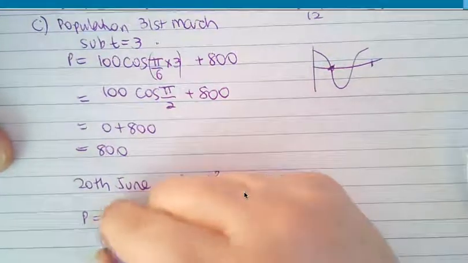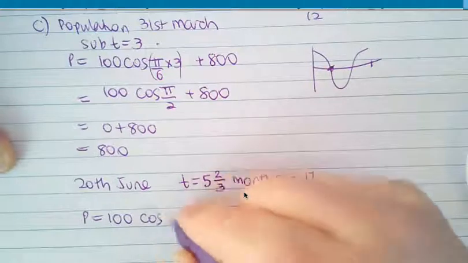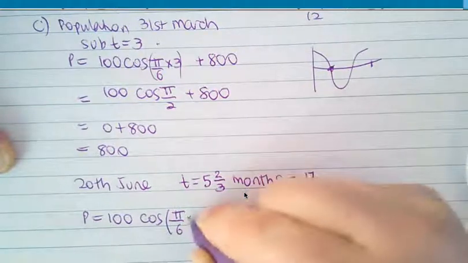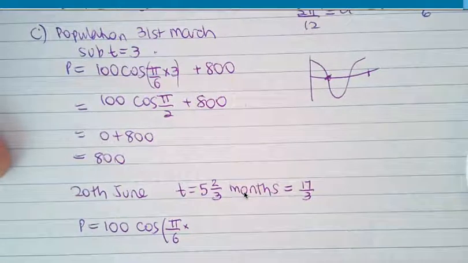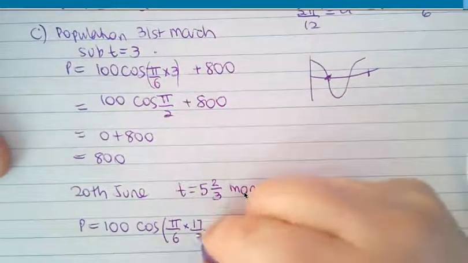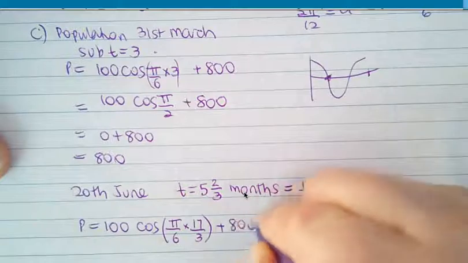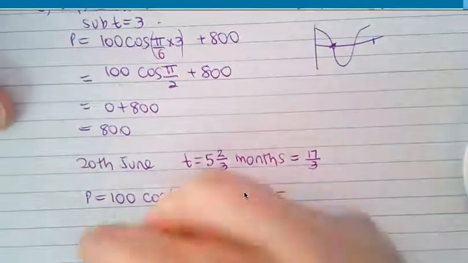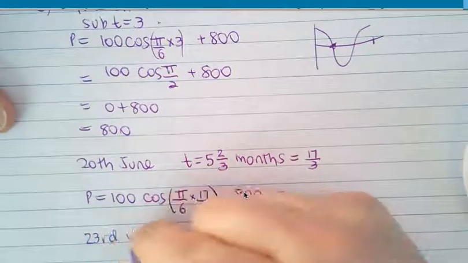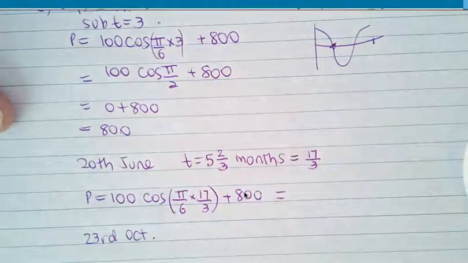So the population is 100 cos pi on 6 times t, because the formula is pi on 6t. Your t is 17 on 3 plus 800. And you can just work that out. And then the last date was the 23rd of October.